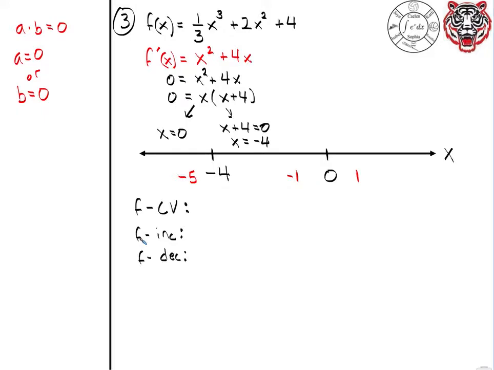You could use -3 if you want to do in between here and here. You can use any values that you want. It doesn't matter as long as you make sure you're in between the intervals. An incorrect idea would be, I'm going to use -3 over here, and that's not going to work because this goes towards negative infinity.